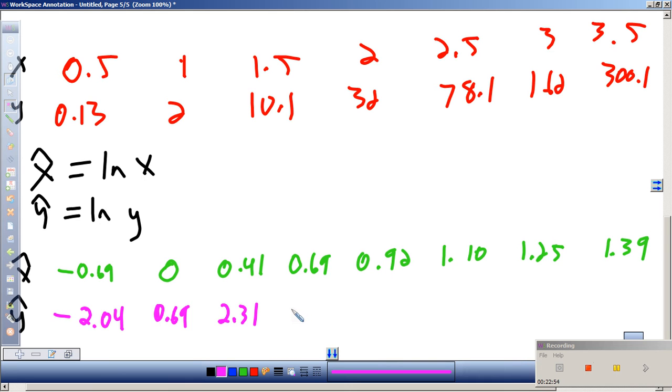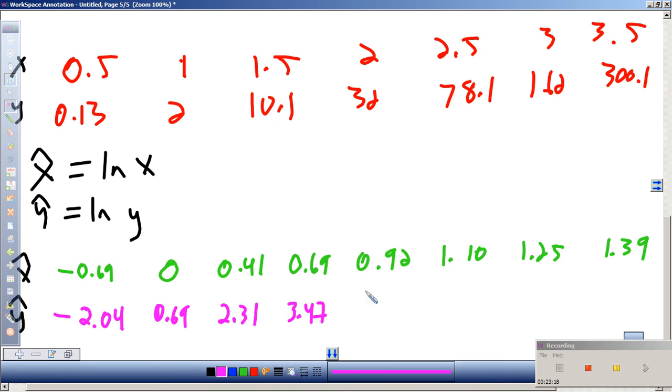If you put in natural log of 32 and put a decimal, it will actually give you one decimal. 3.47.